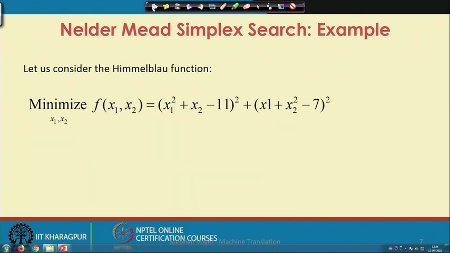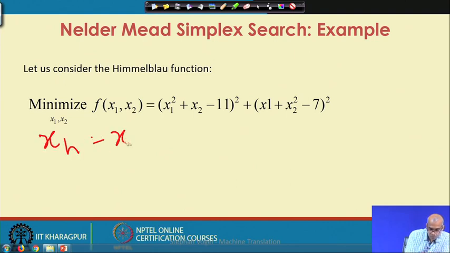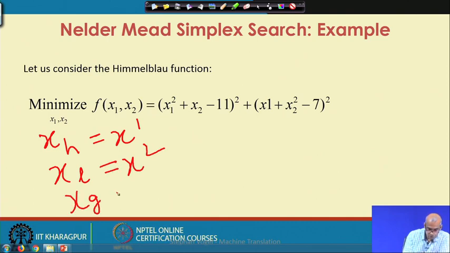Now x1 is the worst point, the best point was x2, and the next worst point was x3. Calculate the centroid.